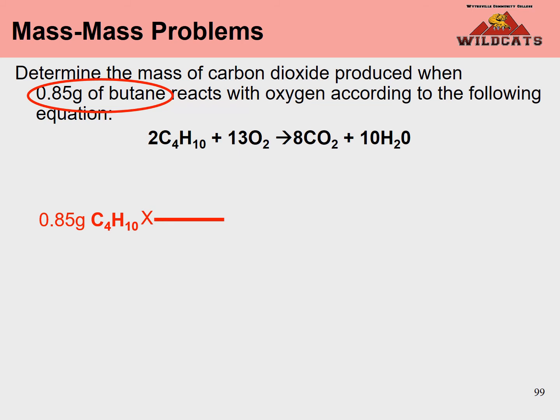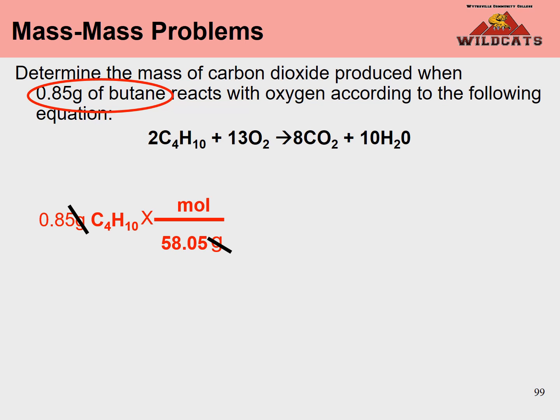Multiplication sign, division bar. We're going to put grams on the bottom. We're going to put moles on the top. We're going to add up the mass of 4 carbons and 10 hydrogens. And we end up with 58.05.